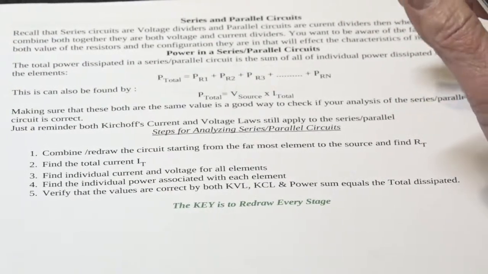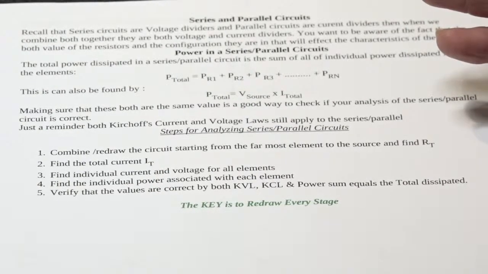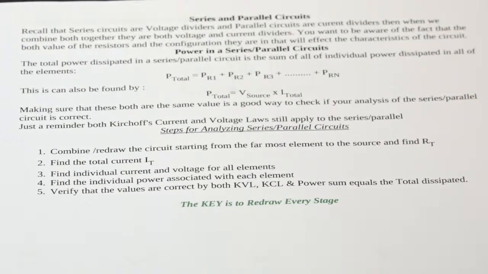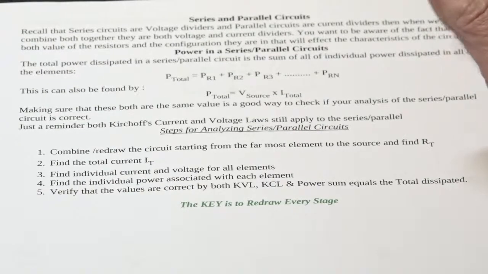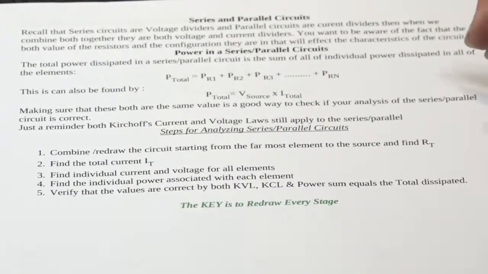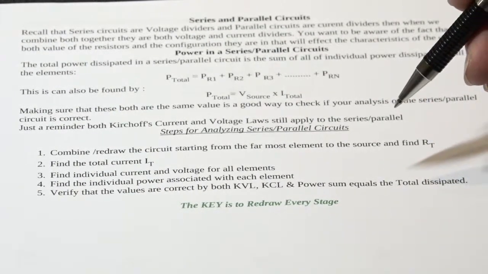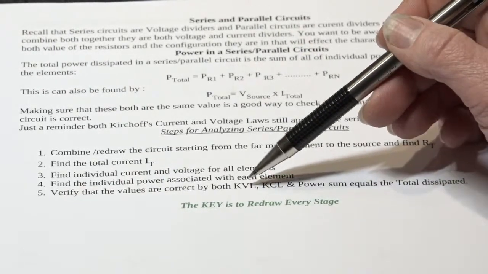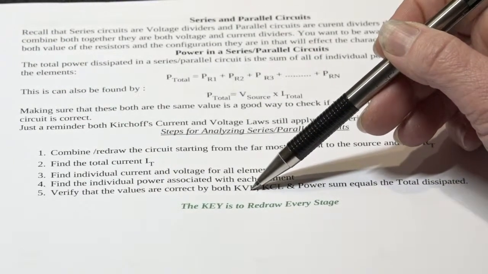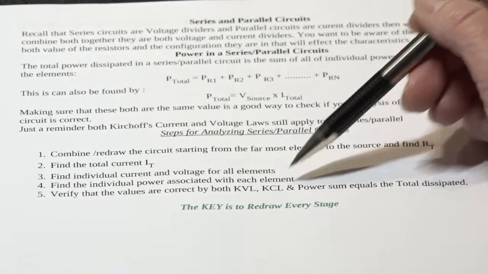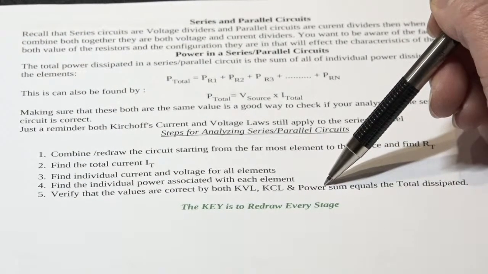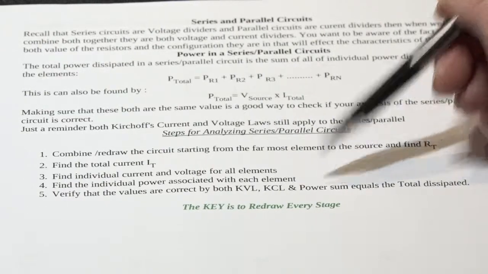If you don't have the string to get you back out on the right path, because all things will look the same, you will get lost. So follow me. Make sure that Kirchhoff's voltage law, Kirchhoff's current law, and the power all sum up at the final ending stage.